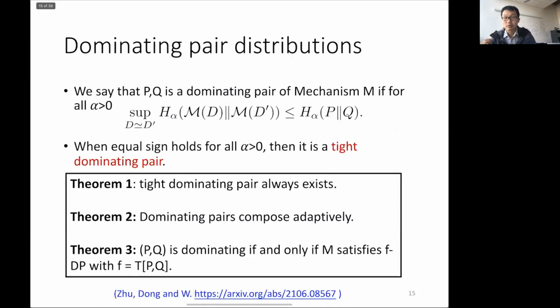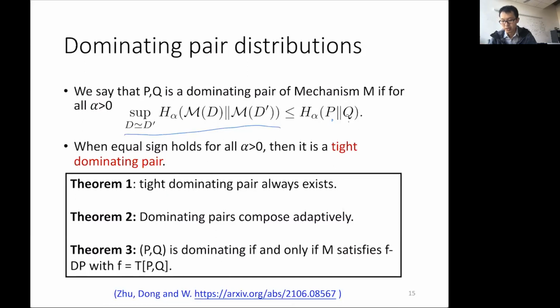That brings us to the idea of dominating pair distributions. And the dominating pair distributions are defined using the hockey stick divergence. So it basically says that for any neighboring pair, there exists a P and Q, and notice that this P and Q are not necessarily coming from any neighboring pair of data sets. They are just two generic distributions. Like, the simpler they are, the better.